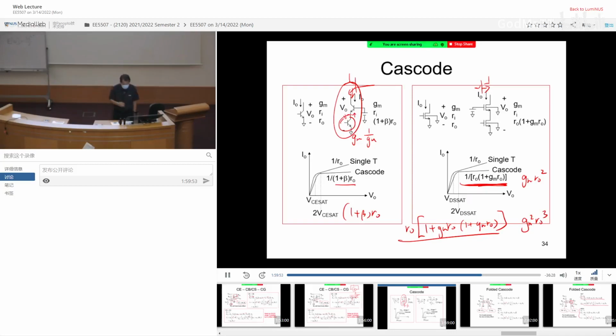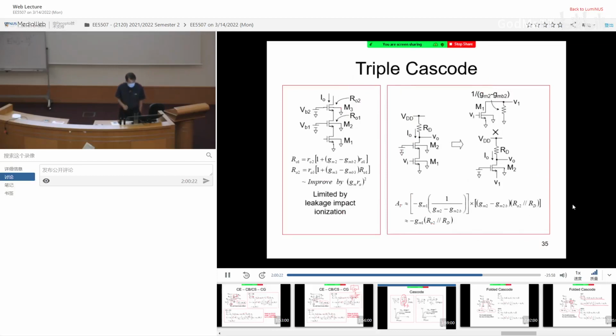And if you are not happy, put 4 stages, gm cubed R0 to the 4. So any stage that you add, you can boost the output resistance by a factor of gm R0. The limitation is leakage. Eventually, what is your leakage diode current? That is going to limit how big a resistance you are going to get.